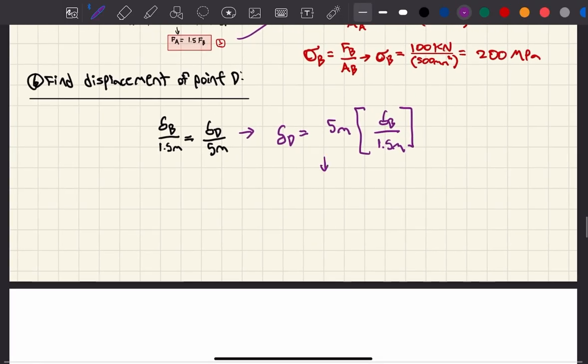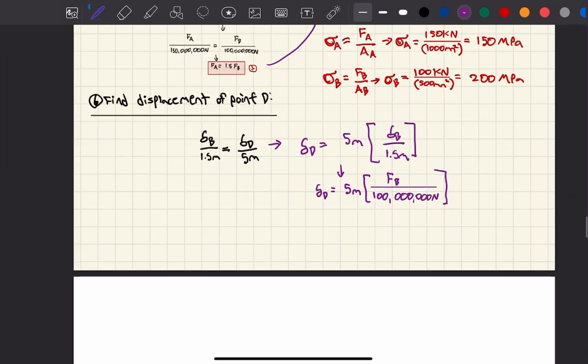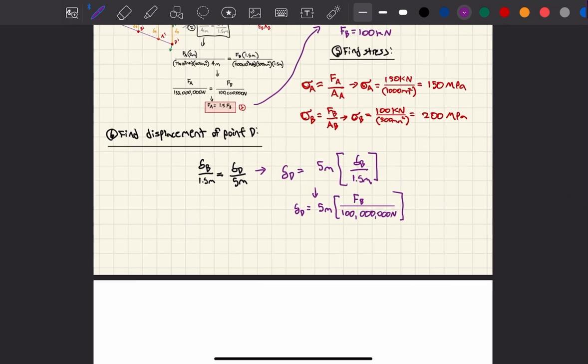I'm going to end up getting delta D is equal to 5 meters multiplied by FB divided by 100 million newtons. I'm writing the full number because it looks pretty cool. You never get to deal with this much fun, right?